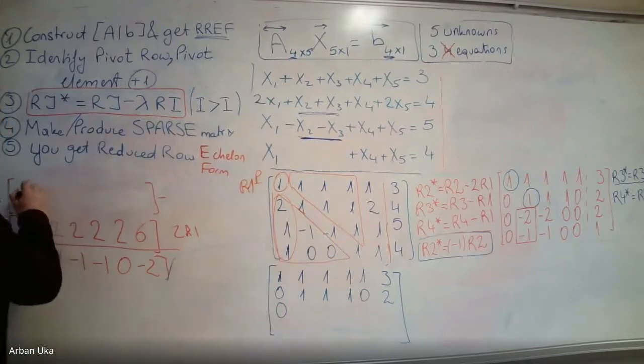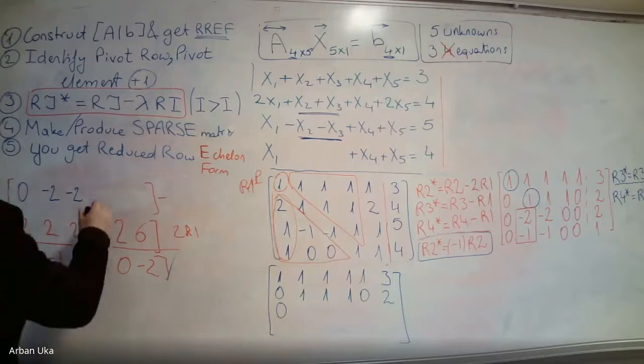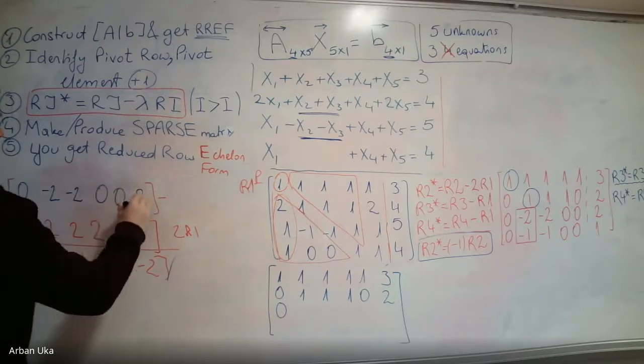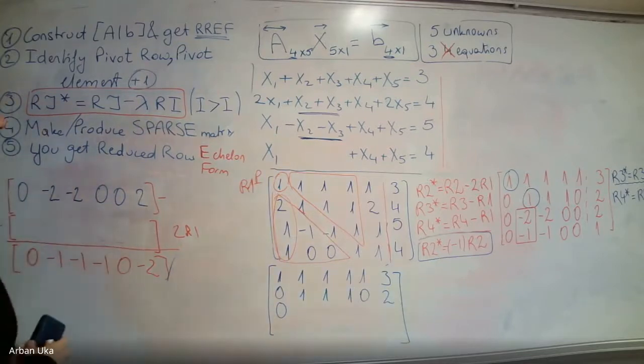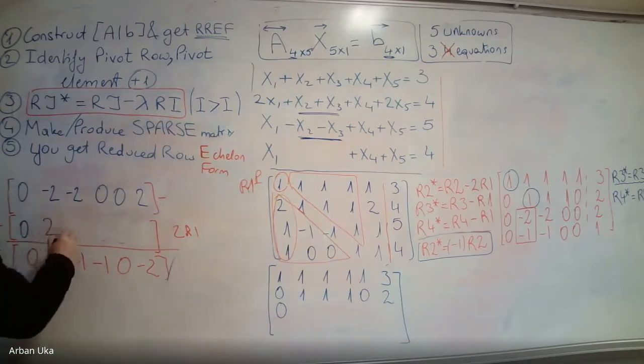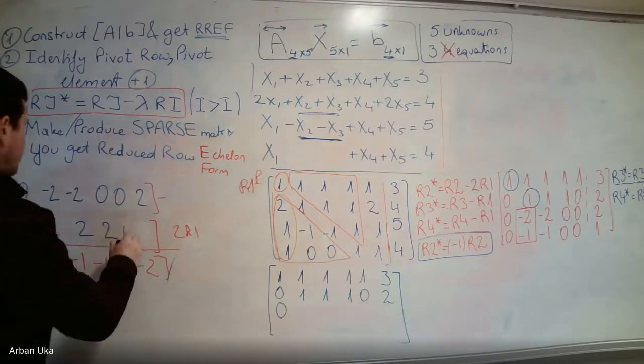It's 0, minus 2, minus 2, 0, minus 2, minus 2, 0, 0, 2, 0, 0, 2. Okay? So this is row 3. What is 2 times row 2? 2 times row 2 is 0, 2, 2, 2, 0, 4, right?